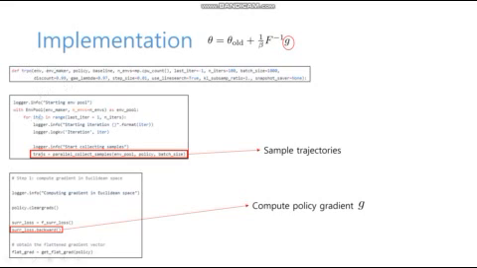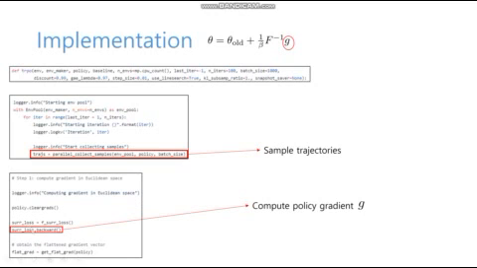First of all, there's one for loop for iteration, and then we collect samples according to the current policy, sampling trajectories to estimate the advantage function. The first main step is to compute G, the policy gradient term, as in vanilla policy gradient.